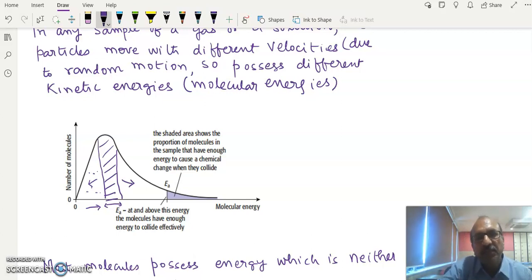There is a term known as activation energy, which is being shown over here. This energy here is the activation energy, and activation energy is the minimum amount of energy which the molecules must possess in order that when they collide, a reaction may take place.